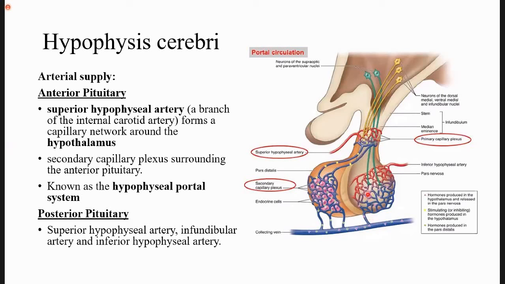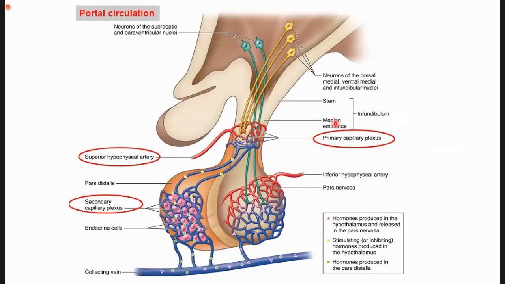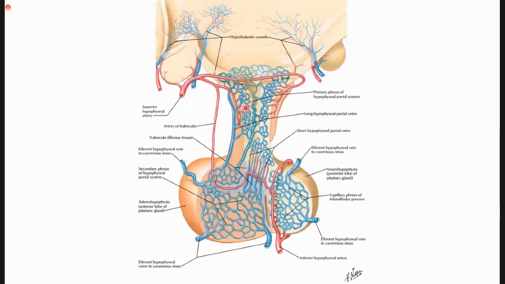So the anterior pituitary has the hypophyseal portal system. The posterior pituitary does not have this sort of portal system. So here you can see the portal system where two sets of capillaries are present, and here there is no portal system in the posterior pituitary. Here you see the superior hypophyseal artery dividing into a capillary network.